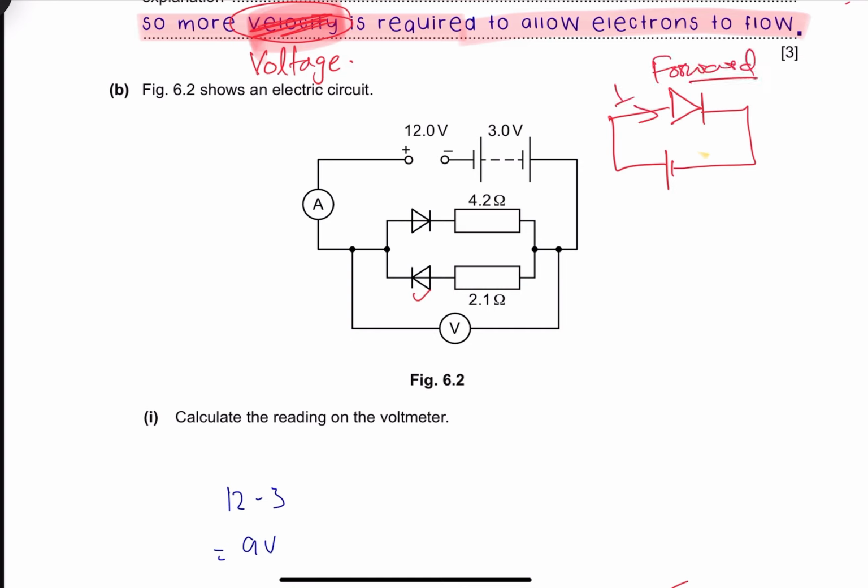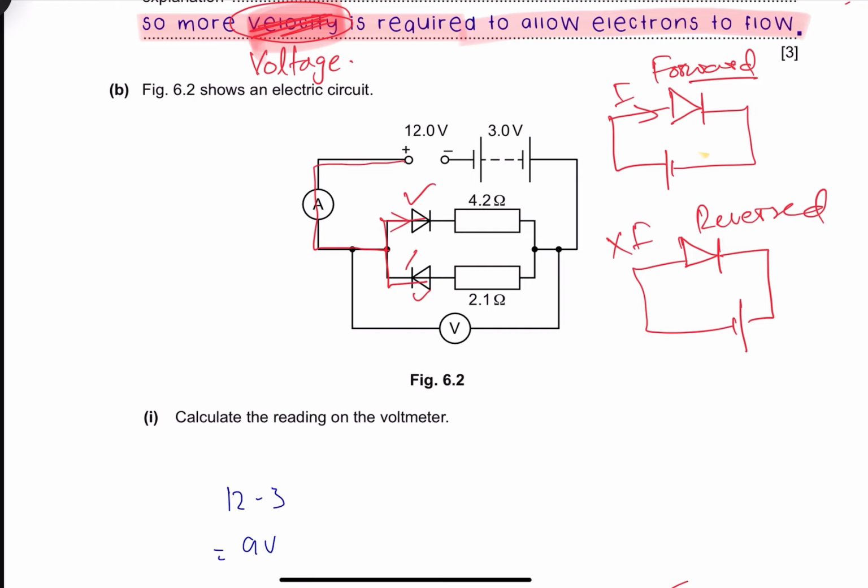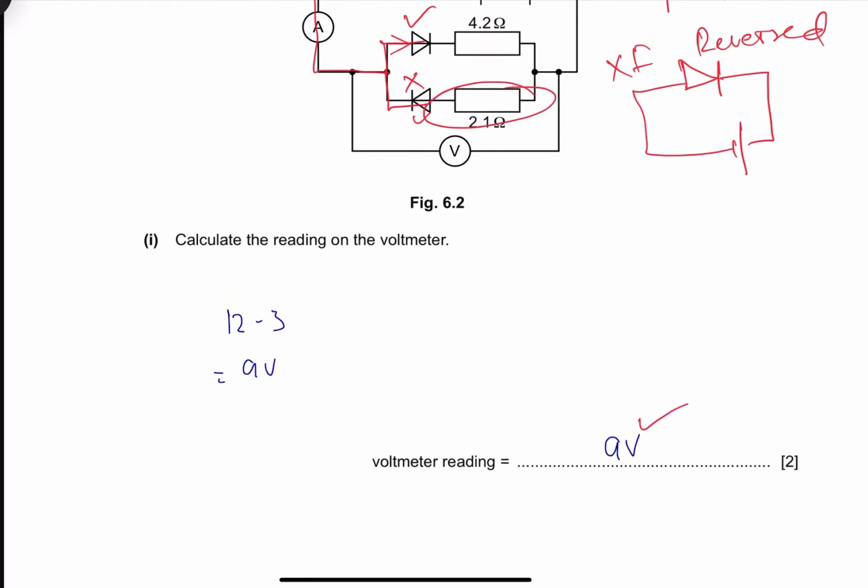But if this side is attached with positive and this side is attached with negative, no current will flow. This is reverse biased. So there is zero current.